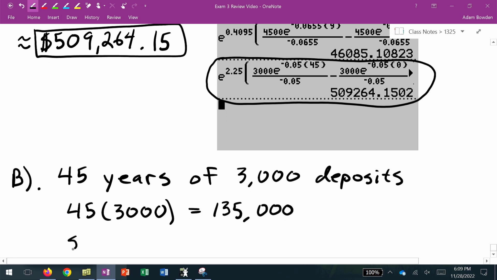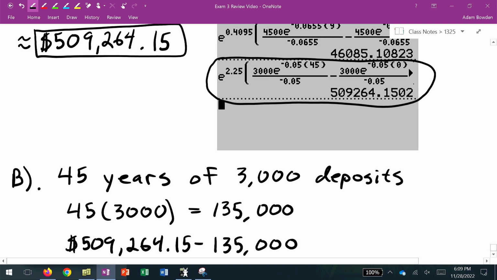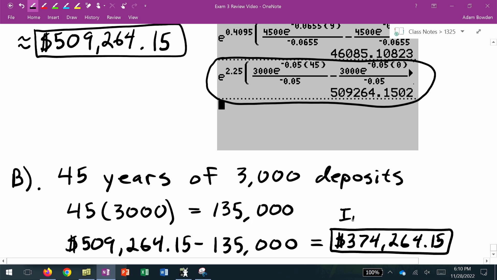If we take the amount of money that'll be there at the end, and we subtract away the $135,000, we'll come out with a total here, and this is just going to be the interest then, $374,264.15. That's just the interest alone.